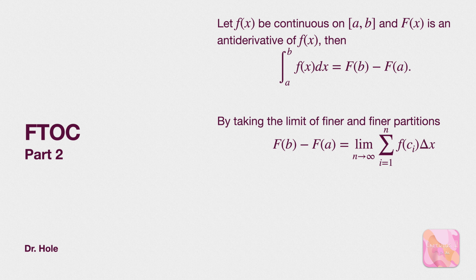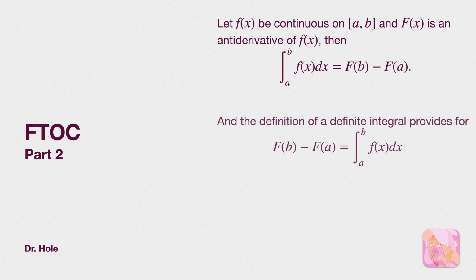And so we can take partitions of greater and greater number, n, and then limit that expression. Doing so, we're then taking the limit of a Riemann sum. And because the limit of a Riemann sum on a continuous function is equal to the definite integral, well, in fact, we are done. Beautiful.